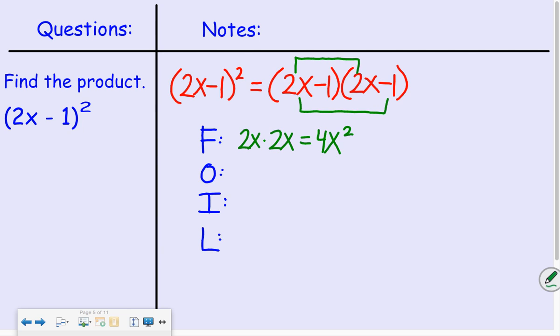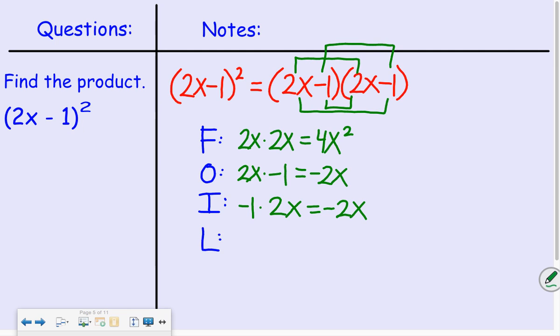Outer. Inner. Last. So careful with that one. -1 times -1 is +1. -2x and -2x make -4x.